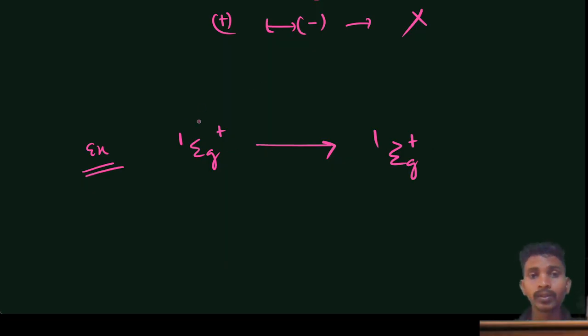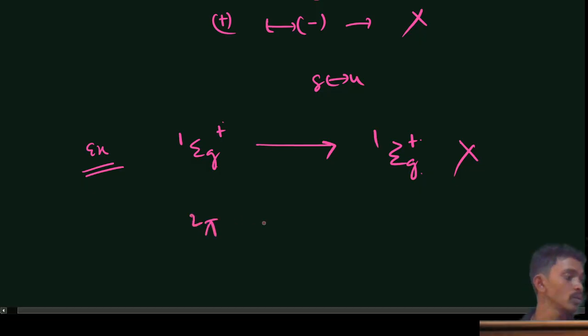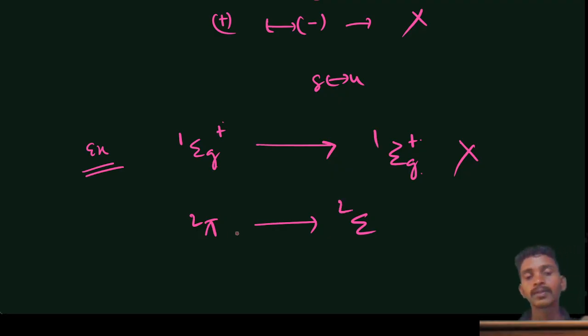First, positive to positive transition is allowed, this is okay. But G to G transition is not allowed, because only G to U transition is allowed. So this is not an allowed transition. Similarly, let's say this is sigma and this is 2. Here is the transition allowed or not? How will you look? First, this L value is how much?